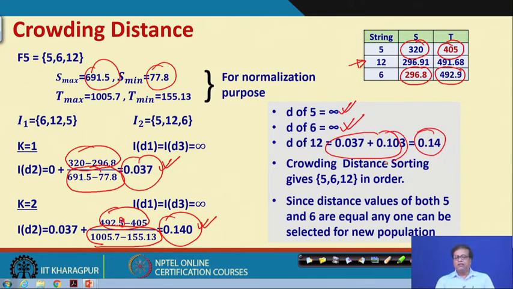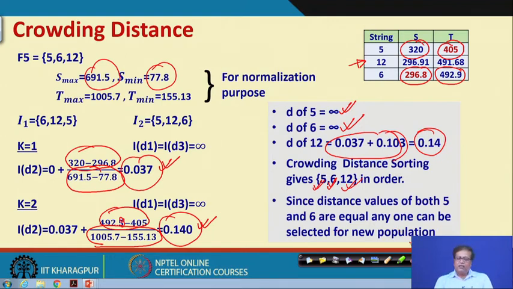So, crowding distance, therefore, the order is that 5 is the best, meaning highest crowding distance, 6 is equal to 5, and 12 is lower. Since distance values of both 5 and 6 are equal, any one can be selected for the new population.